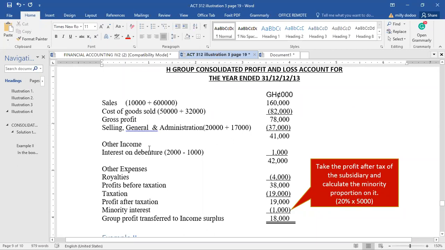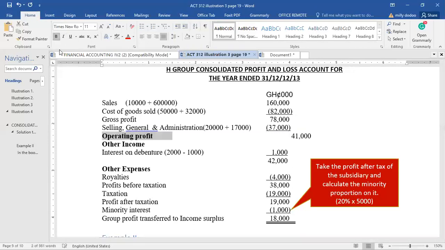41,000. Then I bring my other incomes. Now, this particular one, the 41,000 here, is called your operating profit. Last semester, when we were looking at final accounts, I made mention of this, how to determine your operating profit.